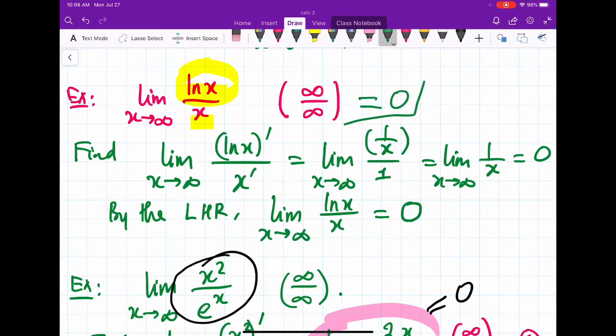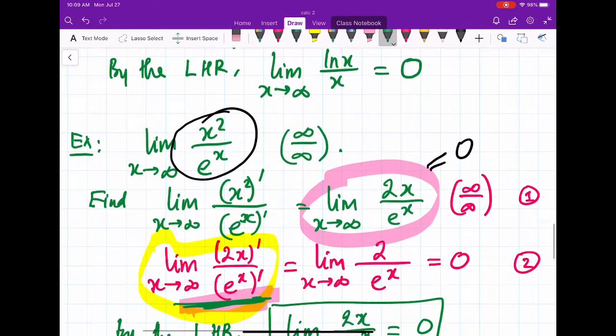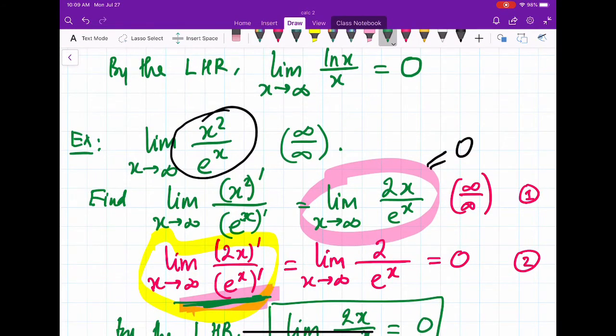What does it mean? That means when x approaches infinity, the function ln of x approaches infinity slower than x. Much slower than x. And this guy is also equal to 0, right? Equal to 0 right here.